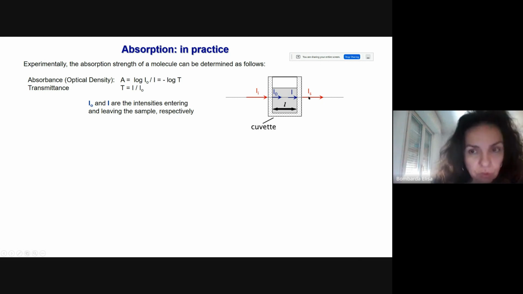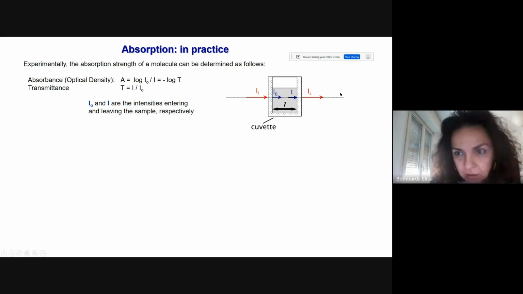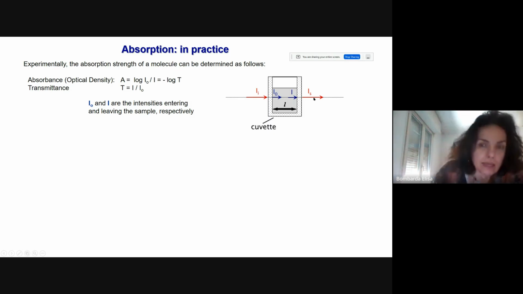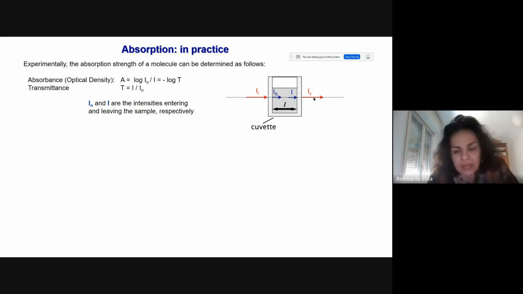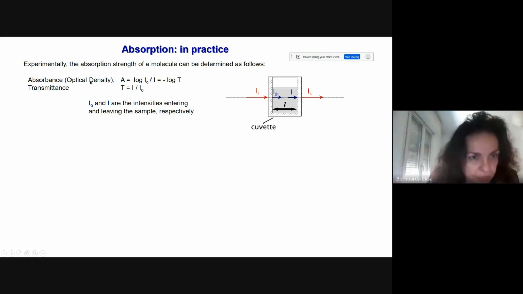We cannot do anything else. There is a detector, and we detect the light that goes through. The instrument is made to calculate the absorbance for us, so the signal given is the absorbance, also sometimes called optical density.